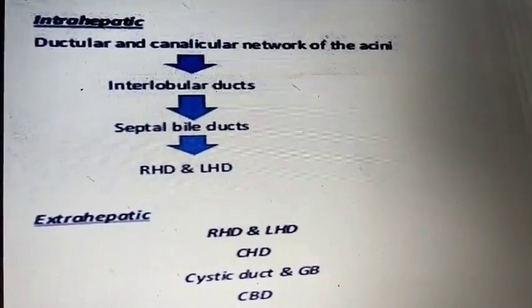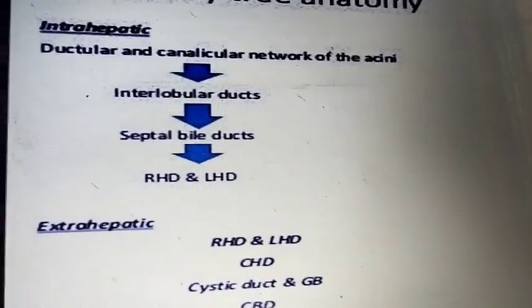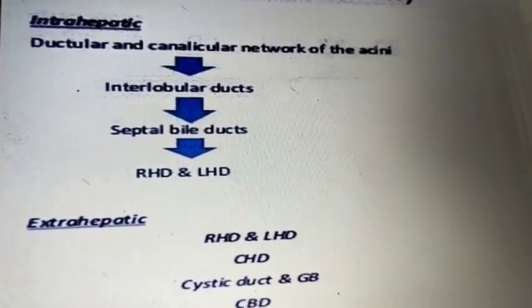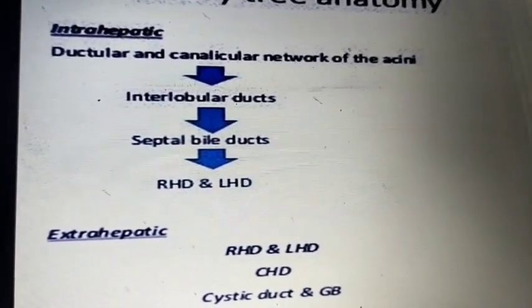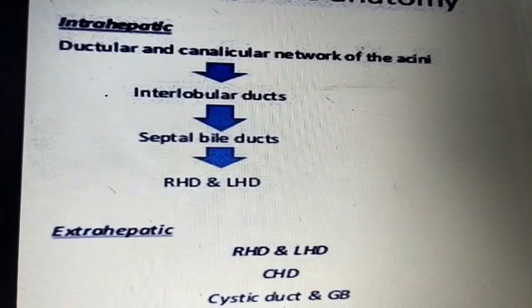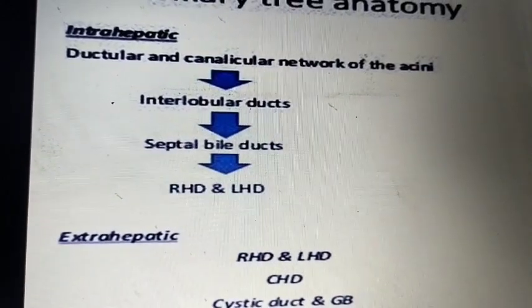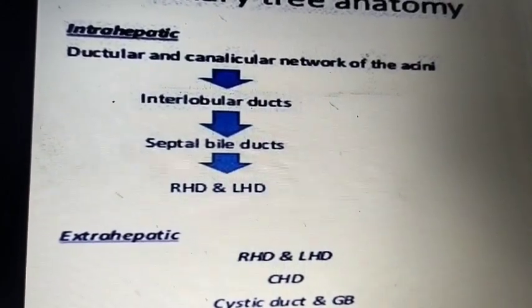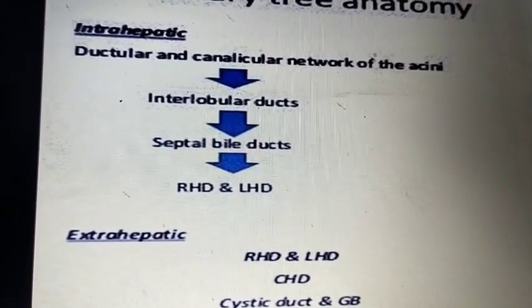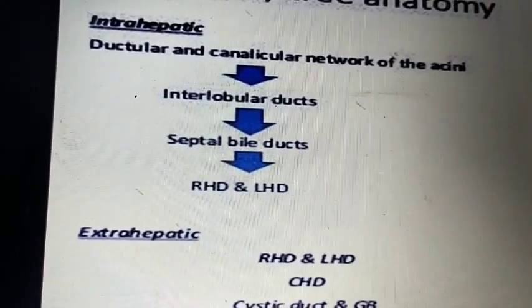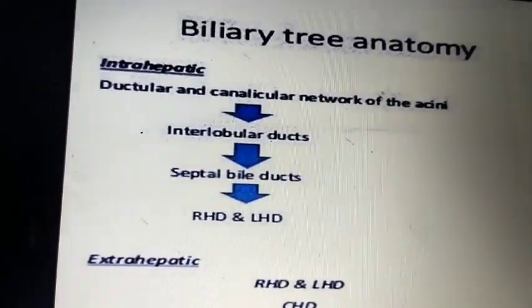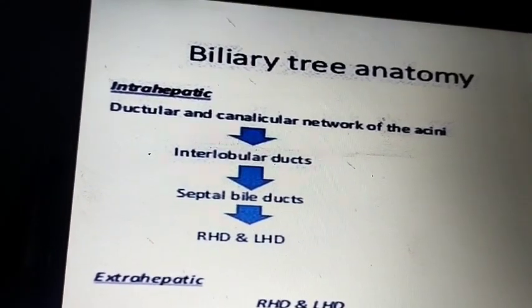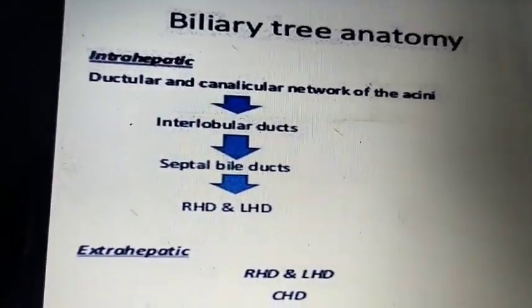In intrahepatic, hepatic denotes the liver. Intra means within the liver. Okay, intrahepatic, in that are the ductular and canalicular networks of the acini. Acini refers to any cluster of cells or cluster of hepatocytes.